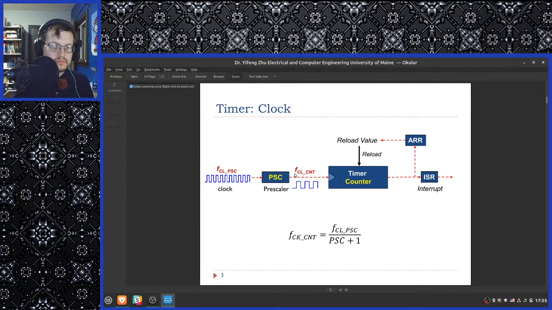This allows you to control the frequency with which the timer counts.